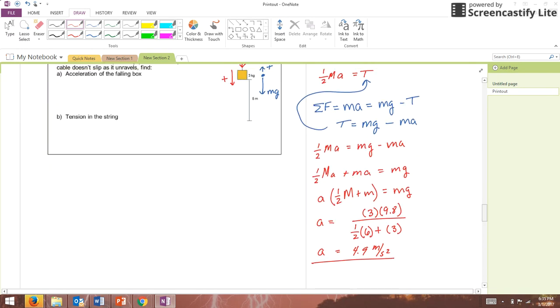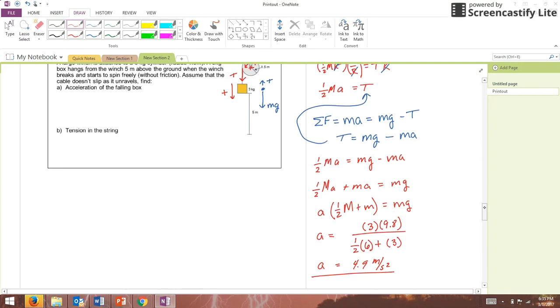So to solve for the tension, all you really need to do is take your tension equation from over here, T equals mg minus ma, and then just go ahead and plug in the numbers.